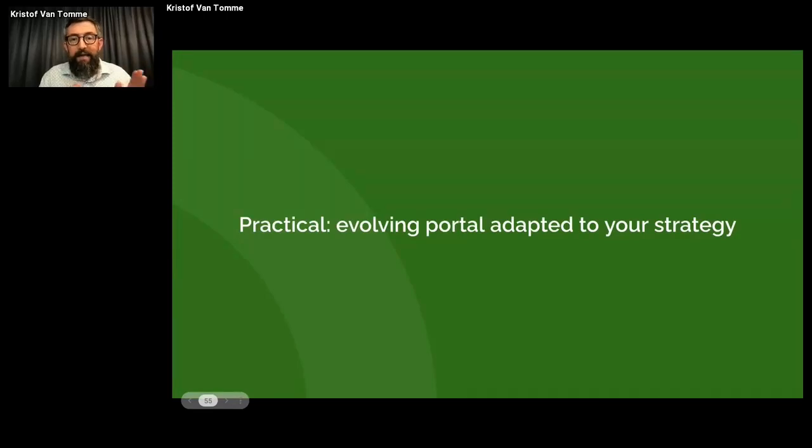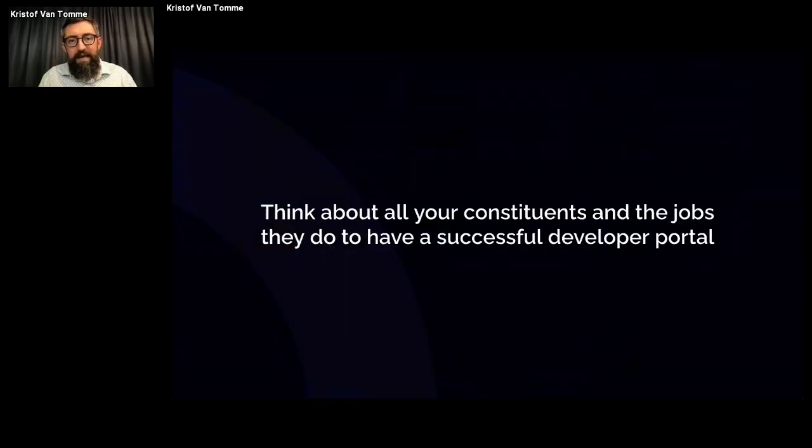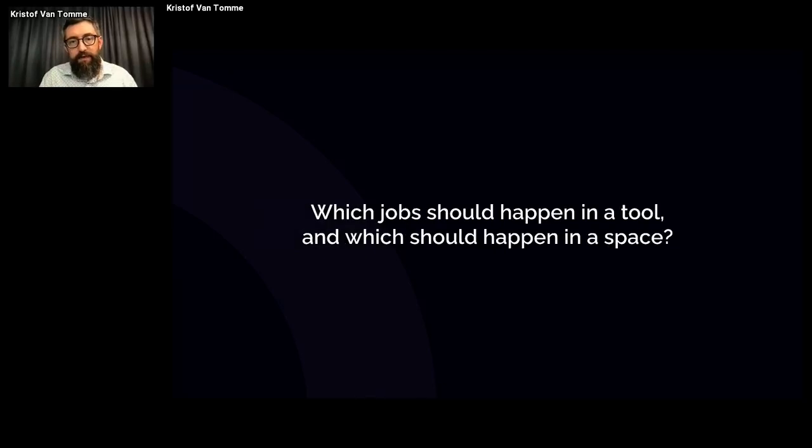So practically, portals are evolving and they need to be adapted to your strategy. That means that of all these different types of portals that I've identified in a previous webinar, you probably want to build some sort of hybrid between some of these, and you need to think about the constituents and the jobs they need to do to create a successful developer portal.